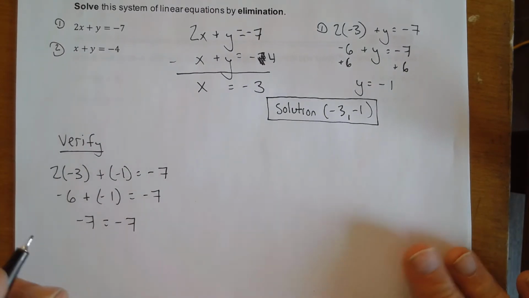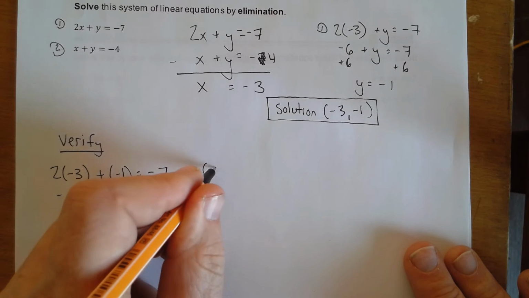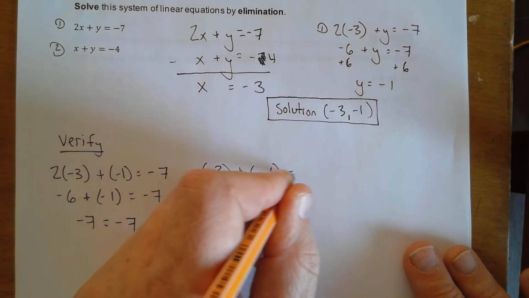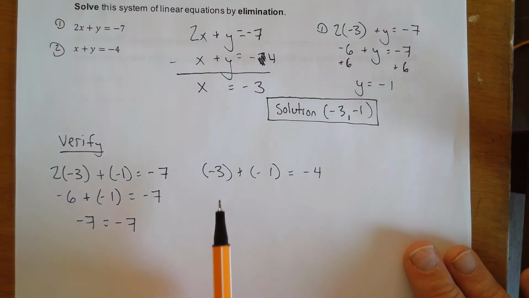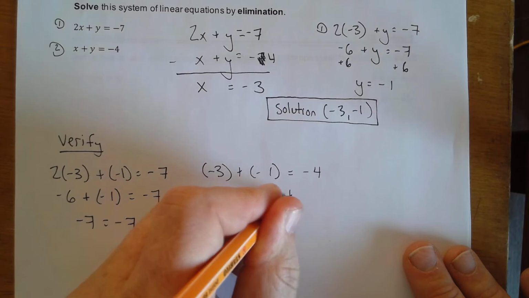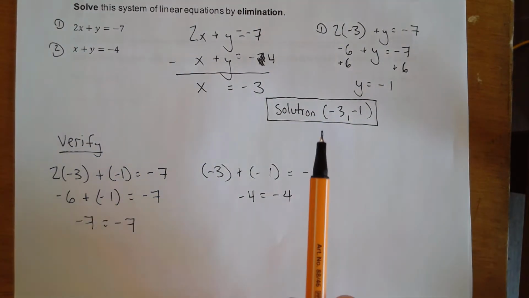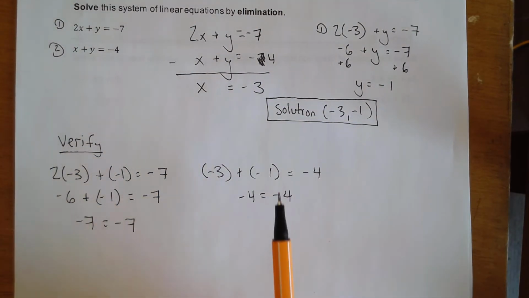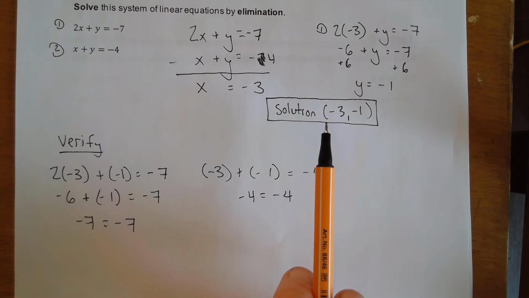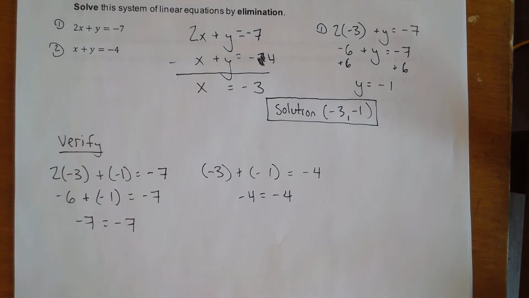Now I'll try it with the second equation. -3 plus -1 is -4, and -4 does equal -4. So this solution of -3, -1 solves both equations correctly, which tells me that my solution is correct.